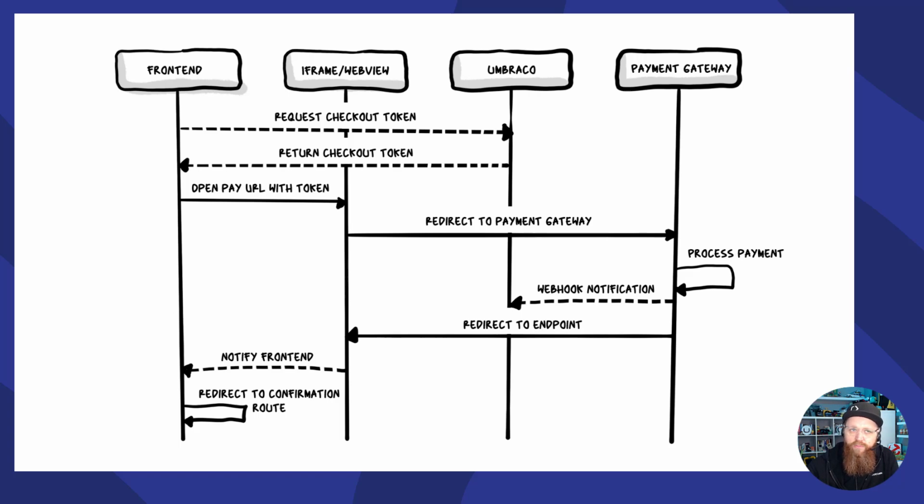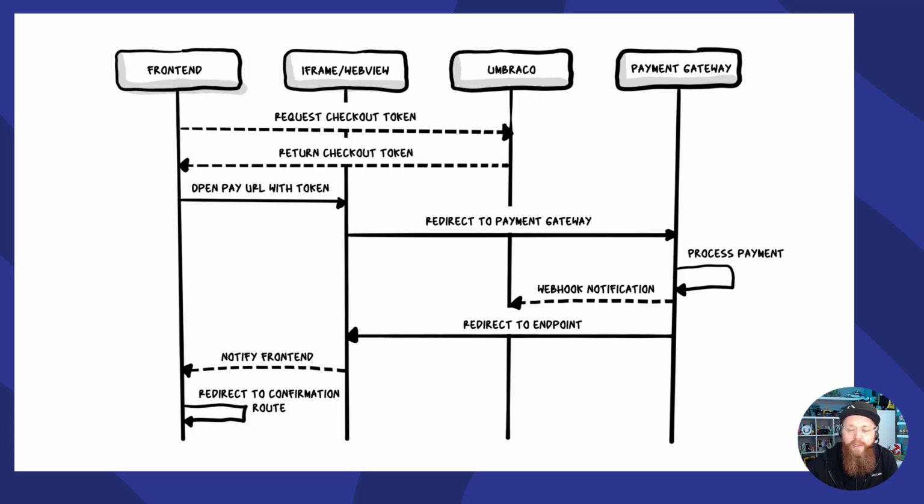So it starts out the same. We'll request a checkout token, that gets returned, but rather than redirecting straight to our URL, we'll open the pay URL inside an iframe. That iframe then does the redirect to the payment gateway. It'll show the payment processing form, and you'll complete that the same way that you did previously.